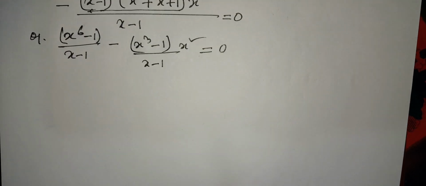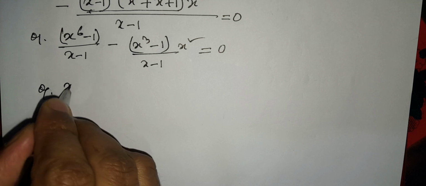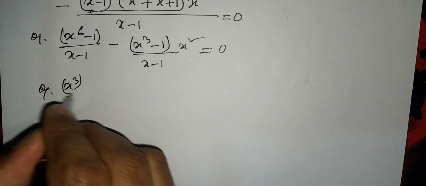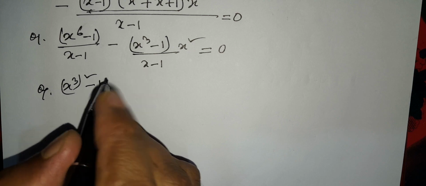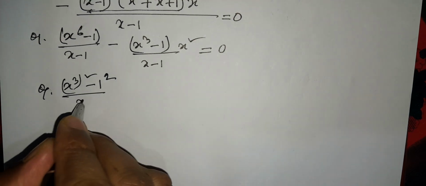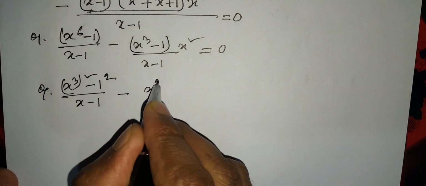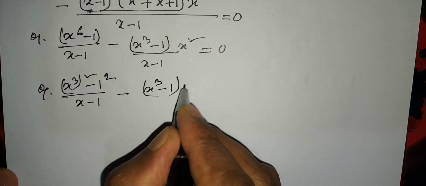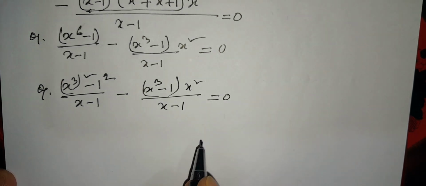So in easy form we get here, we can write x cube whole square minus 1 square by x minus 1 minus x cube minus 1 into x square by x minus 1.